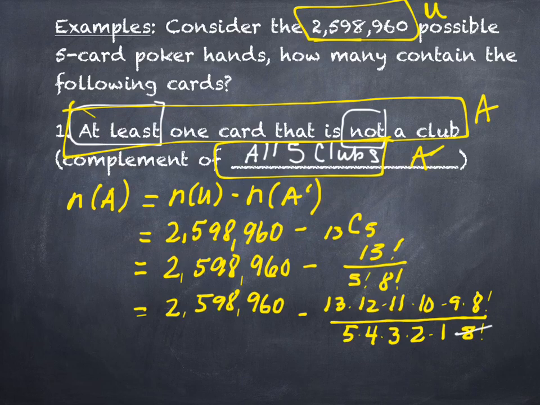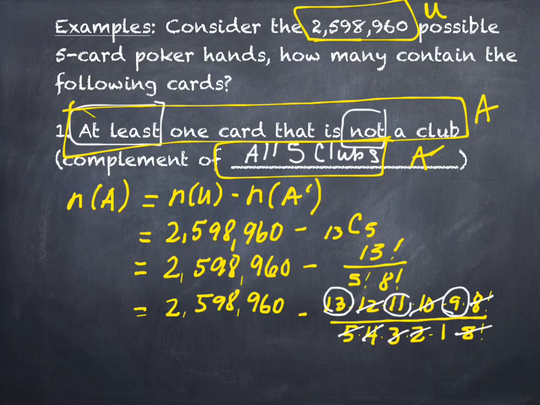Okay, so the 8s go, and then what? How about 4, 3, and 12? Could I do that? 4 times 3 actually is 12, so I'm going to simplify it with the 12 on top. There's actually something else I can do kind of like that on bottom. What can I do? 2 and 5 are 10, so they can reduce to the 10 on top. So what's left on top is actually just 13, 11, and 9.